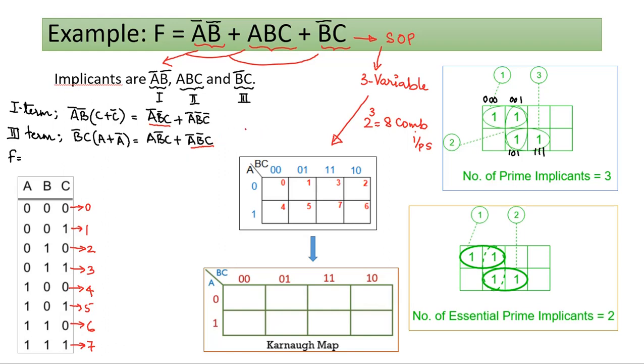That is equivalent to saying that A plus A is equal to A. So I can write the final canonical expression to be A bar B bar C plus A bar B bar C bar plus A B bar C plus ABC.